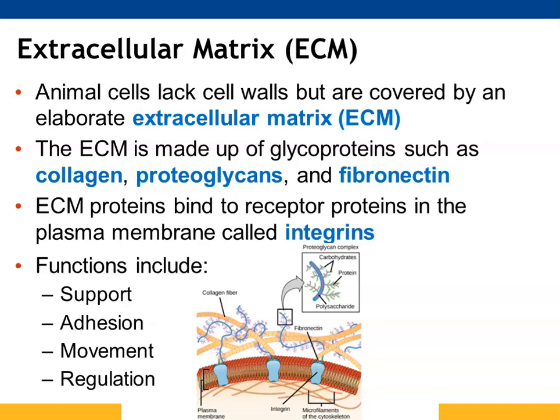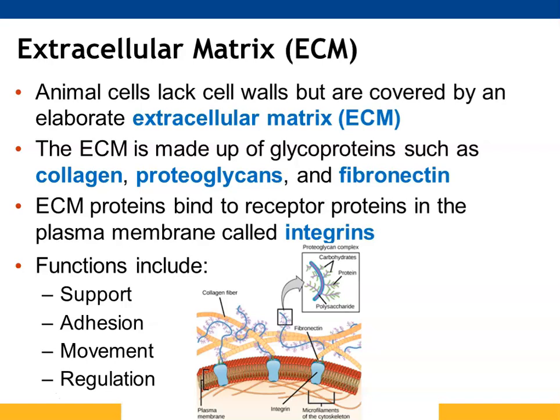The extracellular matrix is found in our animal cells, and basically it's just surrounding the cell membrane of our animal cells. It consists of glycoproteins like collagens and proteoglycans and fibronectin. And extracellular matrix proteins are able to bind to receptor proteins called integrins.